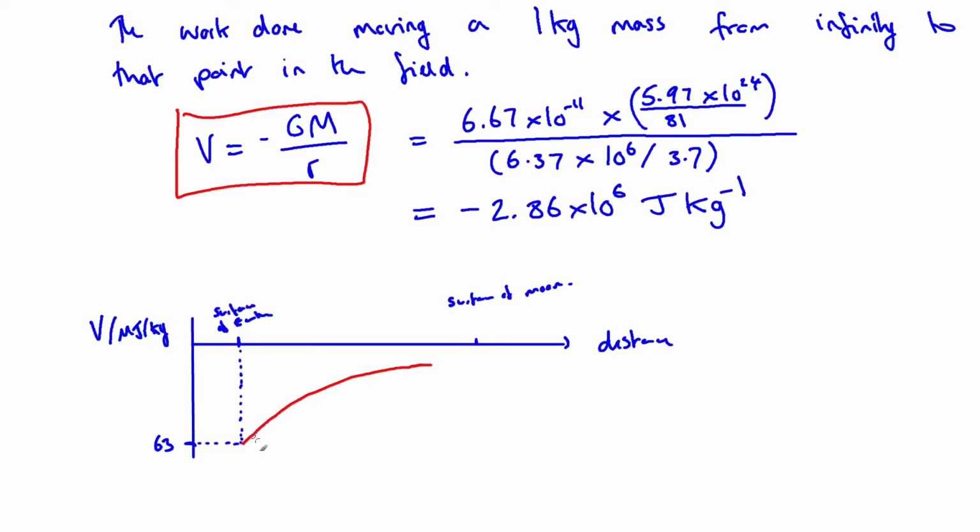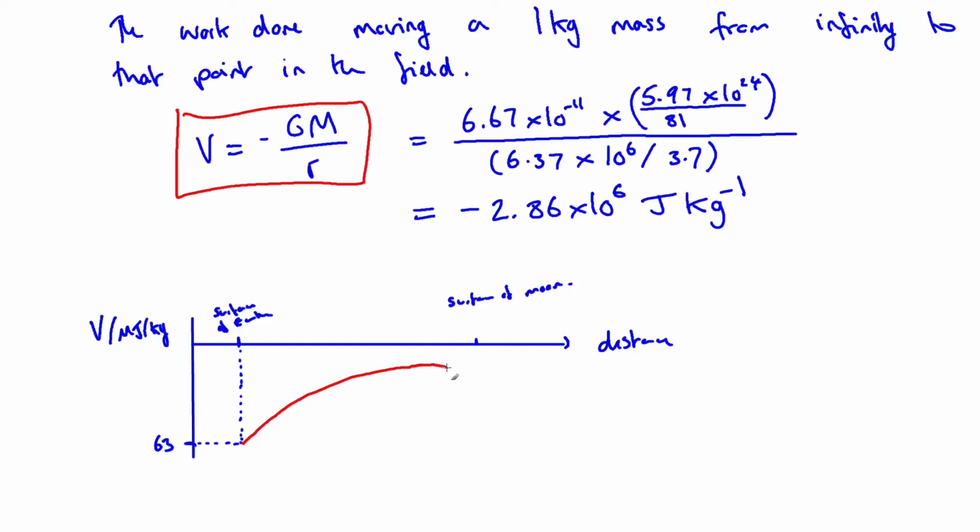So to begin with, you're increasing the gravitational potential energy of a 1 kilogram mass as you move away from the surface of the Earth, but then as you get close to the surface of the Moon, it will be decreasing again as the Moon's gravitational field starts to take over.